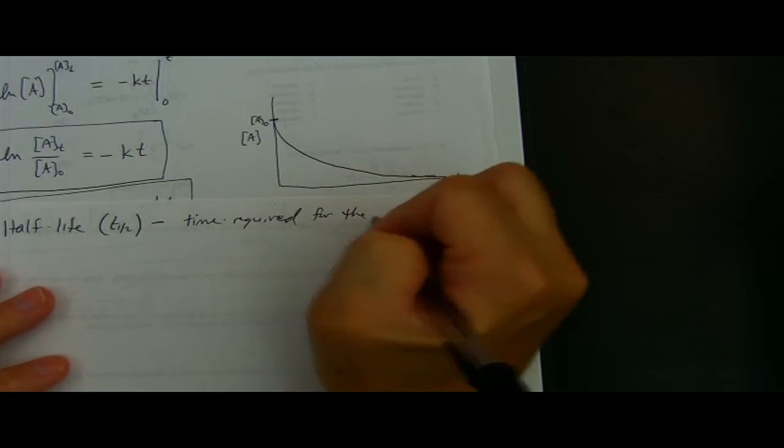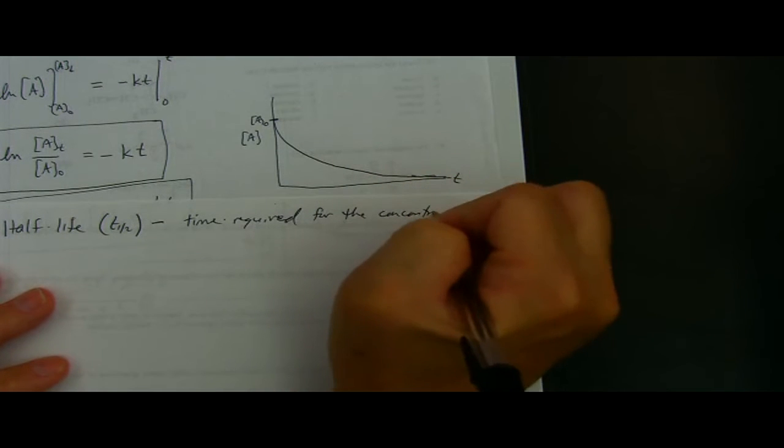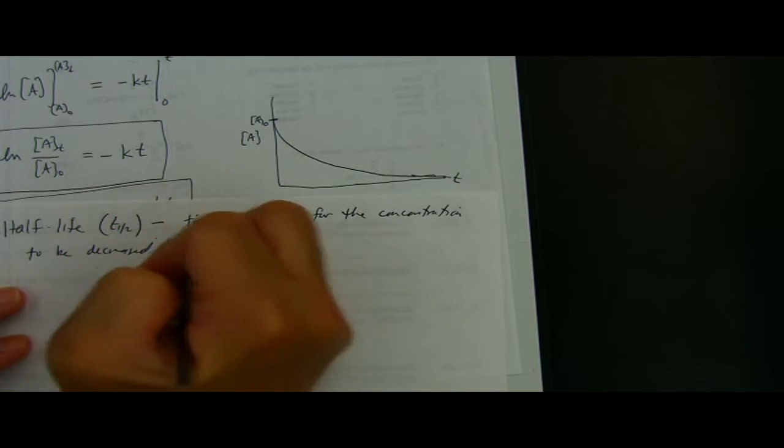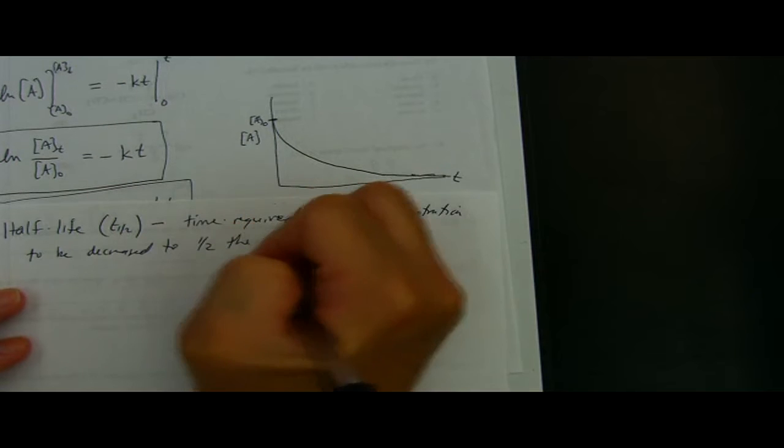Well, it doesn't just have to be radioactive, right? It's the time required in chemical reactions for the concentration to be cut in half. Time required for the concentration to be decreased to 1/2 the original value.